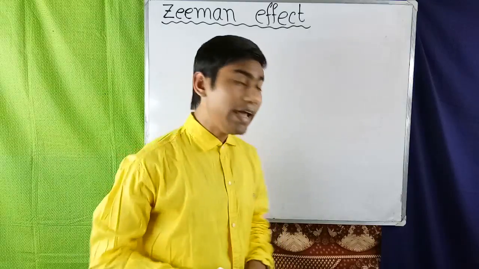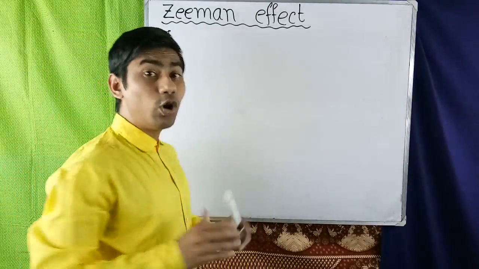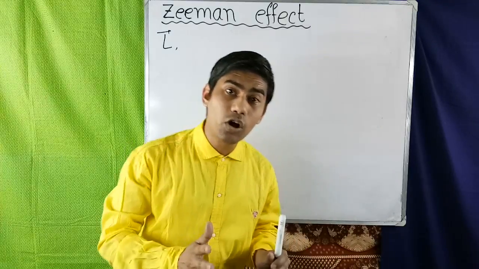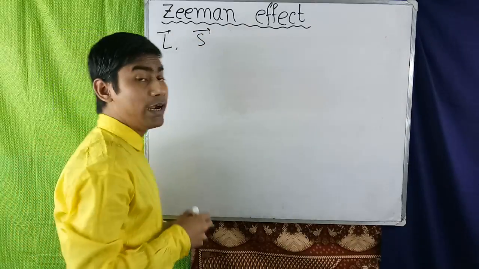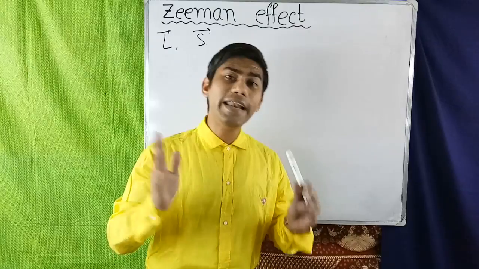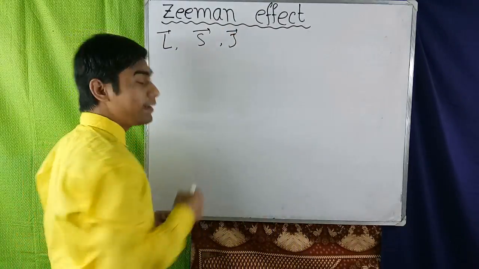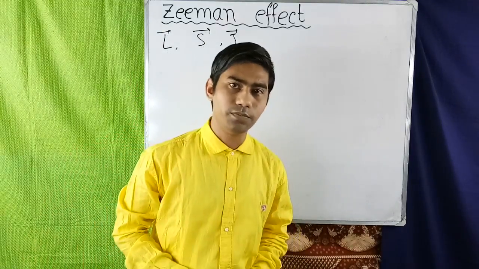Okay. Now let L vector be the total orbital angular momentum of all the electrons of the atom. Let S be the total spin angular momentum of all the electrons of the atom, and J vector denotes the total angular momentum of the atom.